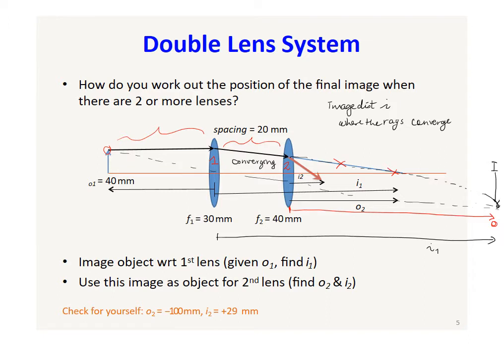Putting an object over here is our mathematical way of saying that we have converging rays arriving at lens 2. And it's virtual, isn't it? Because it's on the right-hand side of lens 2. So we use that virtual object distance and we can find our new image distance that is formed by the second lens, I2, and there's our final image formed right there.